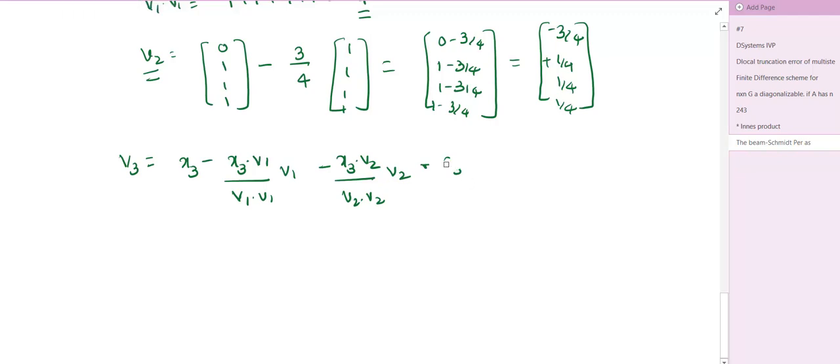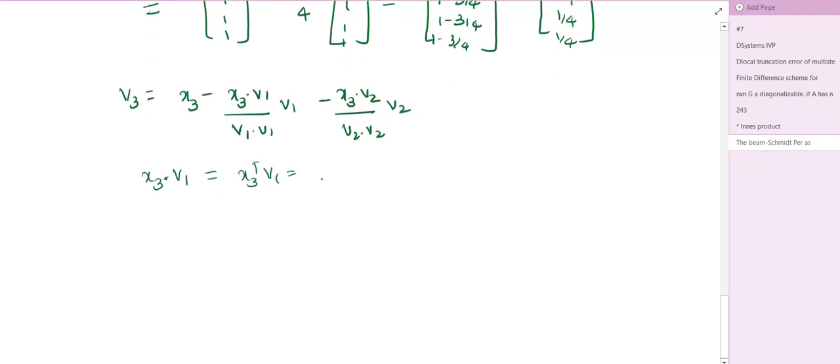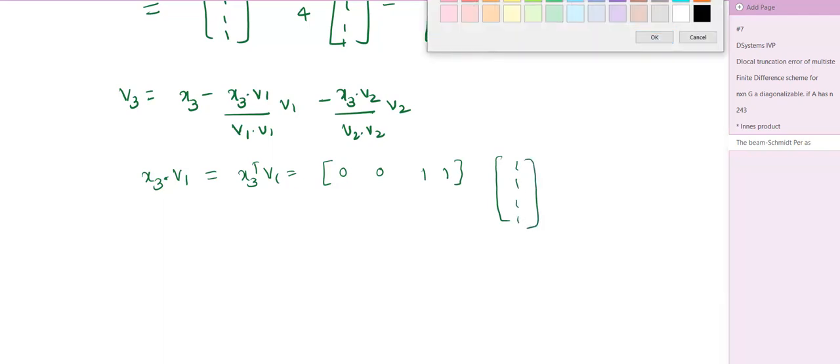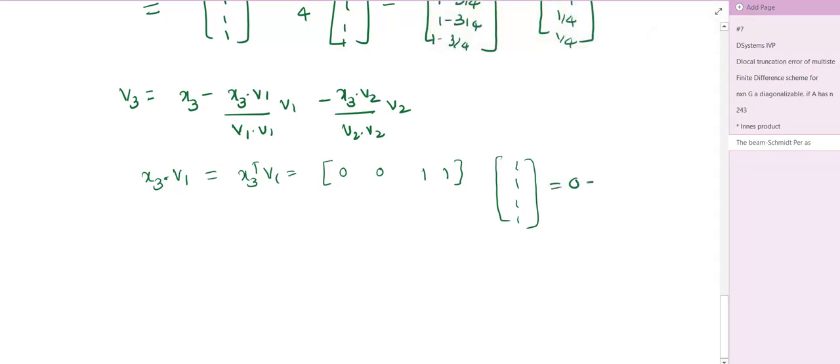Okay, so now let's find x3 dot v1, that is x3 transpose into v1. Here I've got x3 as 0, 0, 1, 1 and v1 is 1, 1, 1, 1, which is equal to 0 plus 0 plus 1 plus 1, which is equal to 2.